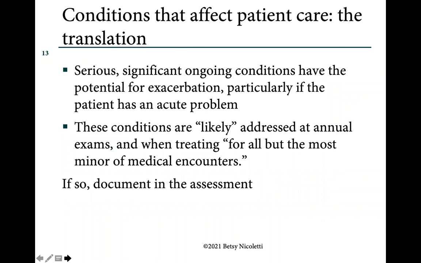So, of course, we count on you to document those in the assessment, but CMS expects that for patients with these chronic conditions, if you're seeing them for an acute problem, if the chronic condition affects the treatment for the acute problem, that you'll add it to the claim form.